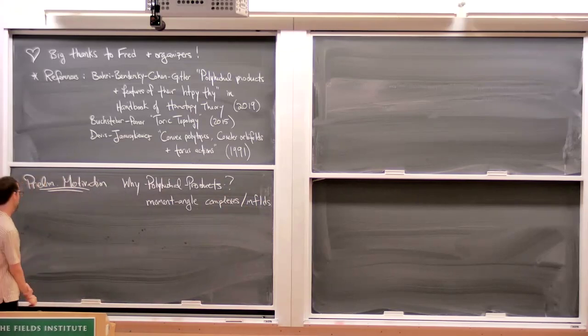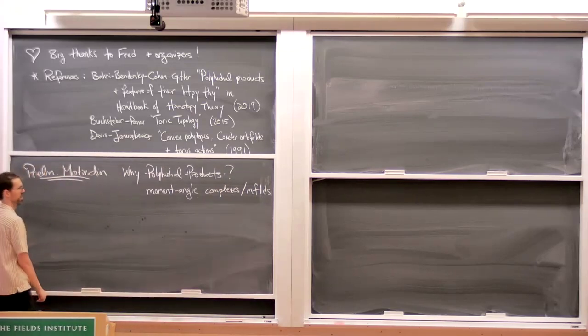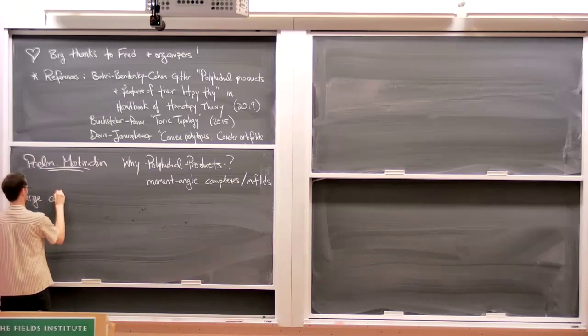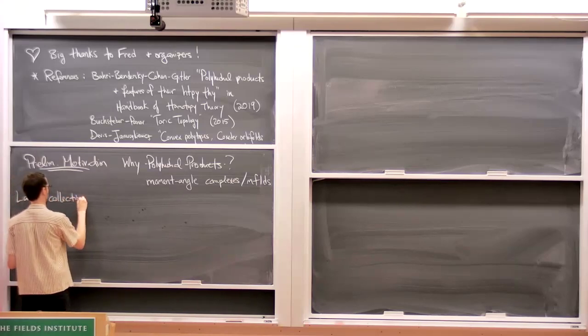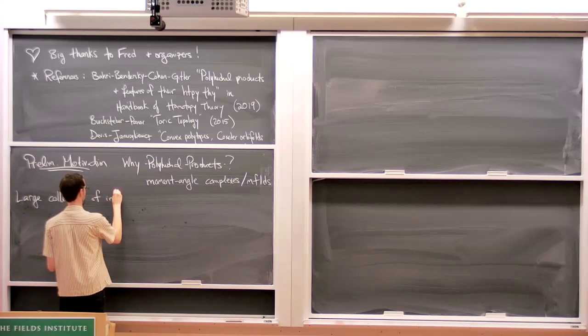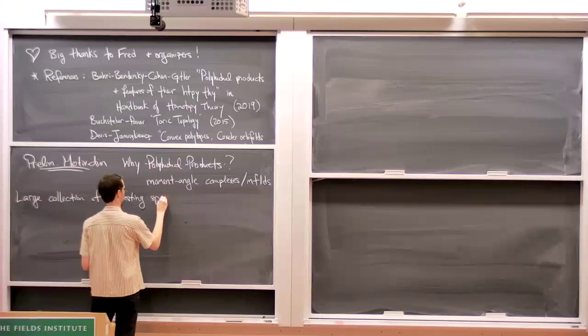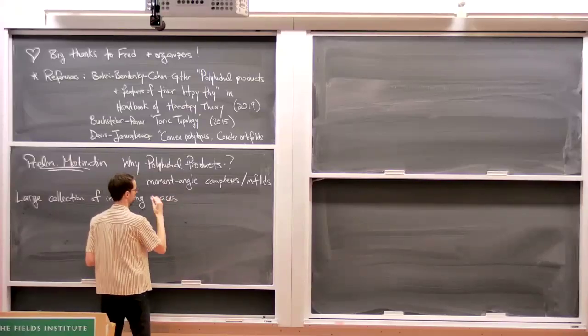So I can definitely tell you why you might be interested in those from a purely homotopy theoretic point of view. So one thing is these are just a very large collection of interesting spaces called ZK.